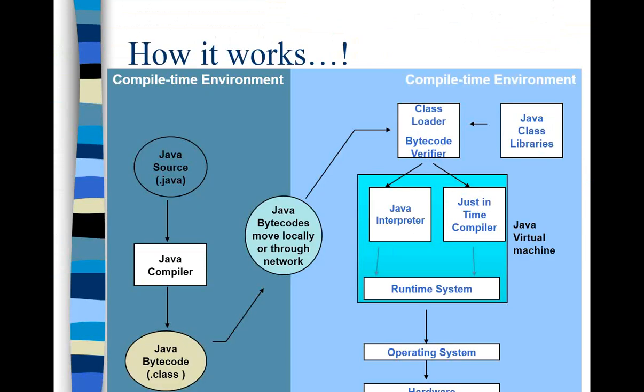All right. Now this diagram talks about how a Java program works, how the flow of a Java program happens. And it starts from the Java source code. Java programs that we write, we write in a file.